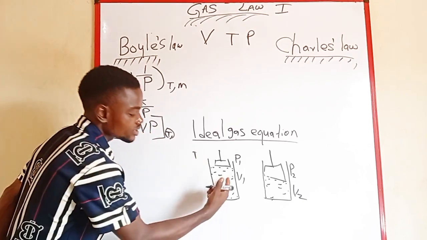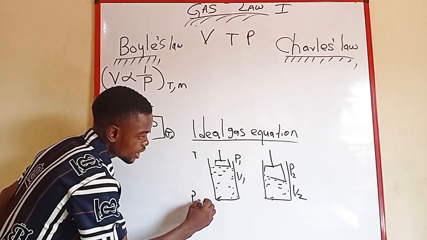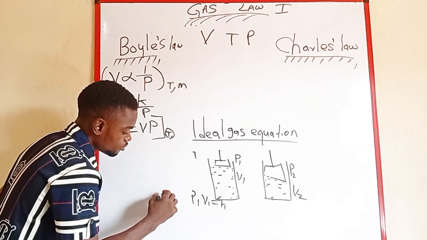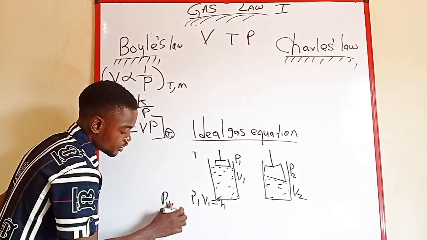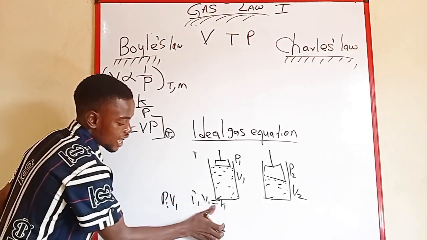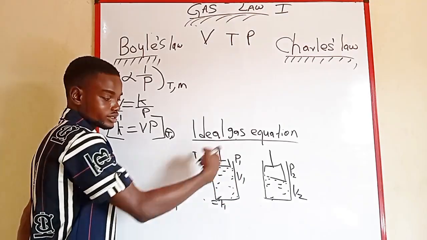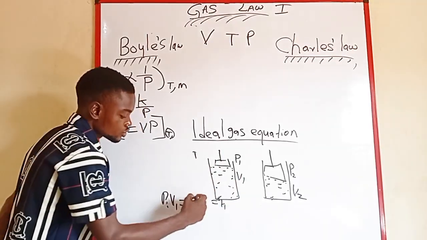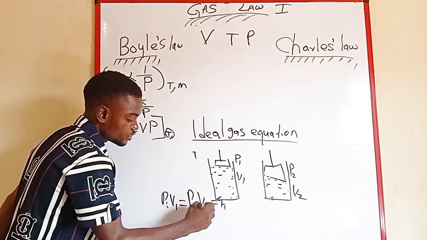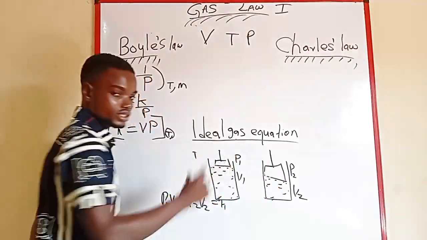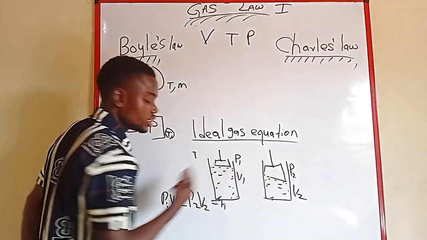What is going to happen here, since P1 and V1 is a constant, hence the P1 and V1 I have for this gas here, this container at initial state, is still going to be equal to the P2 and V2 I have for the same mass of gas in the second stage. That is where the pressure has been increased.